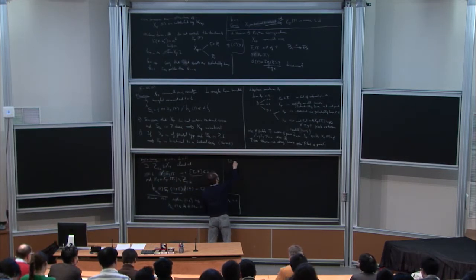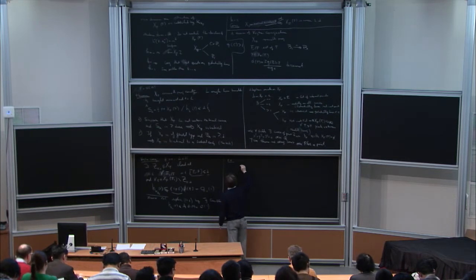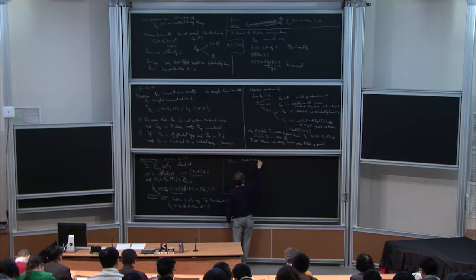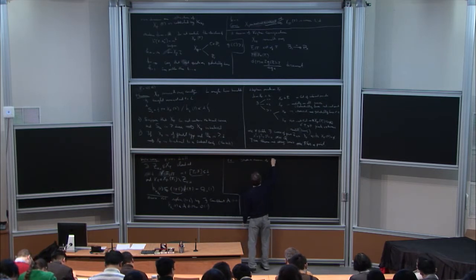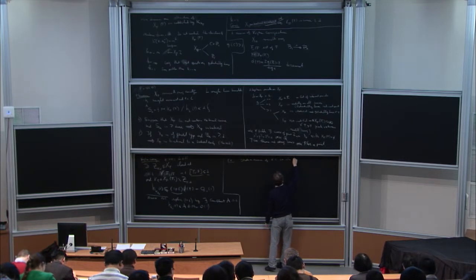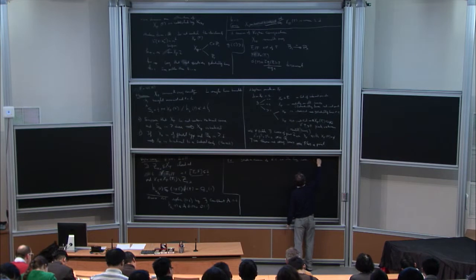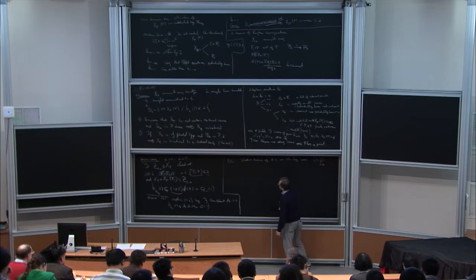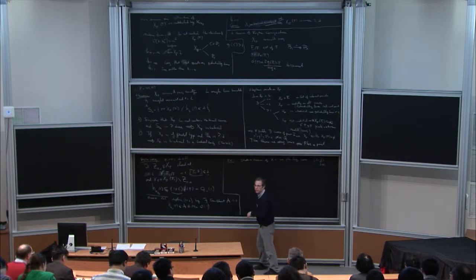Exercise: state a version of the Vojta conjecture in the logarithmic case, where you have a couple X and a divisor D, which is a simple normal crossing. You replace everything by the logarithmic version.